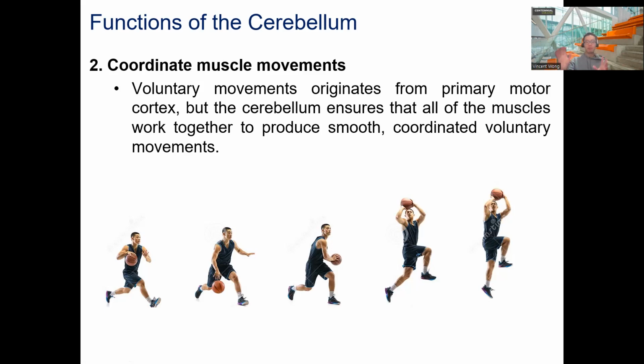You just have to jump at the right location. All that coordination that ensures smooth execution of your voluntary movement requires the cerebellum. The actual movement originates from the primary motor cortex in the frontal lobe, but to carry it out in a smooth, coordinated fashion requires your cerebellum.